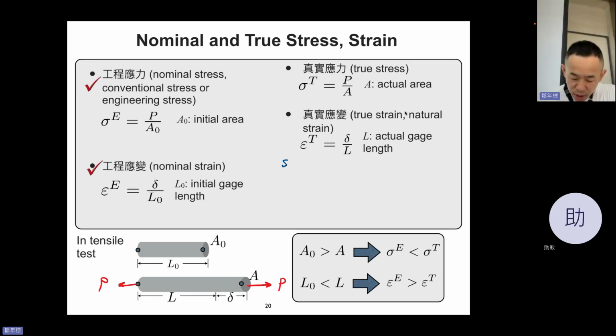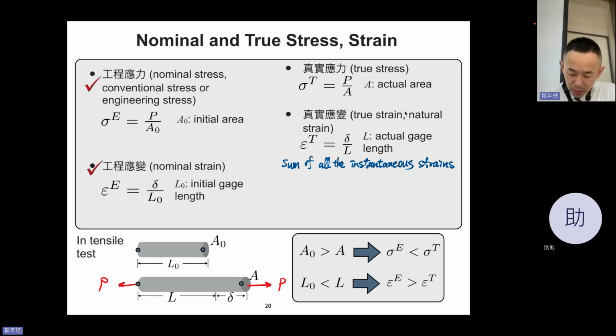This is the sum of all the instantaneous strains. Each infinitesimal step strain needs to be added up together, and then it will be your true strain.